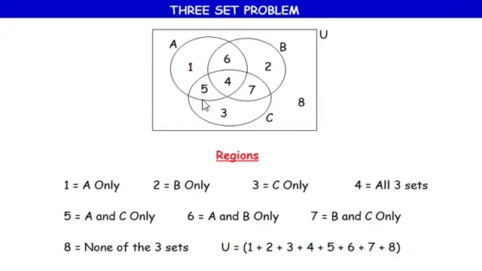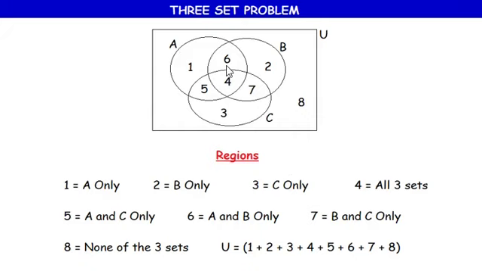Now region 5 is members that belong to set A and set C only, right? And then region 6 represents those who belong to set A and set B only.